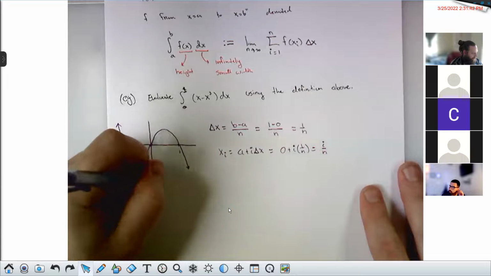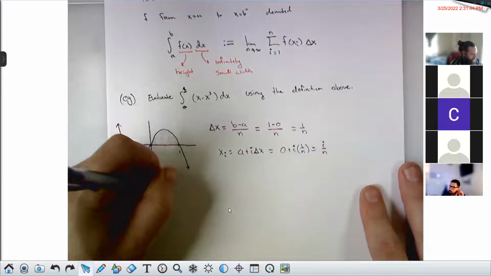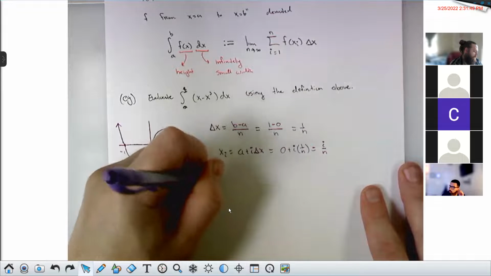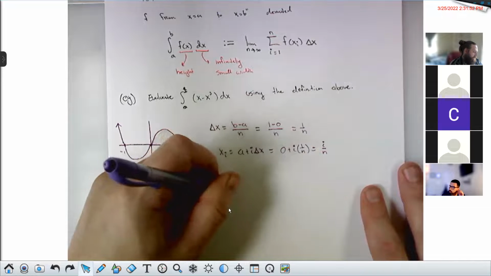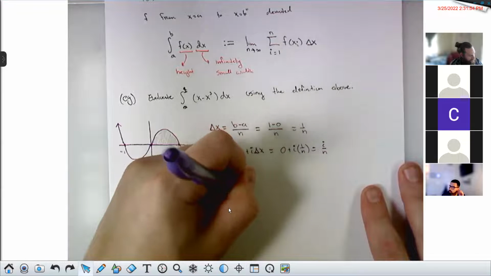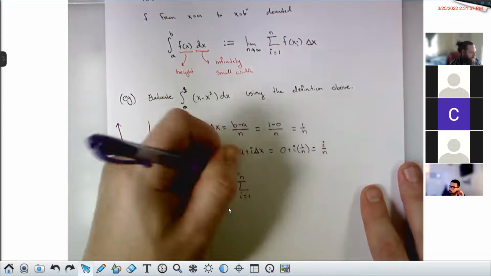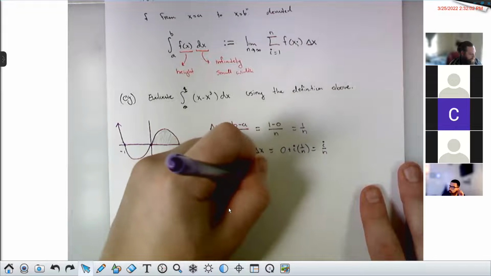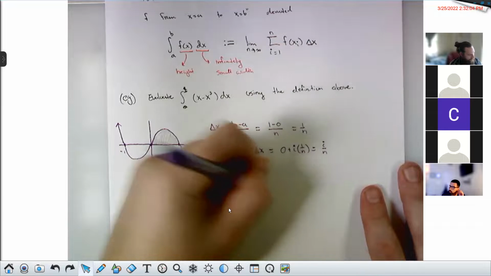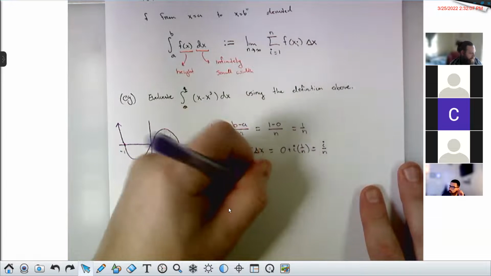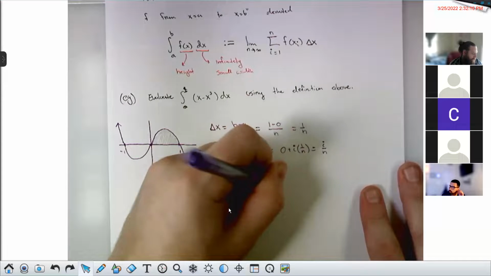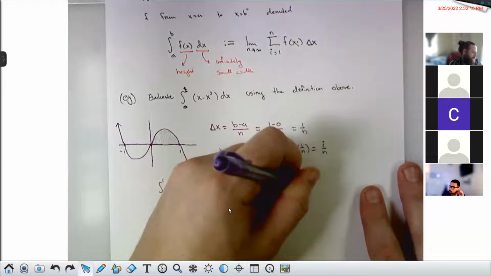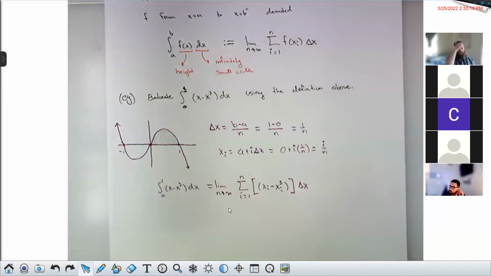So then the integral from 0 to 1 of x minus x cubed dx should be the limit as n goes to infinity of sigma i from 1 to n. f of x here is x minus x cubed. So this would be xi minus xi cubed times delta x.